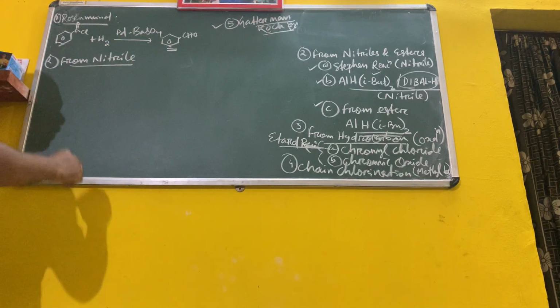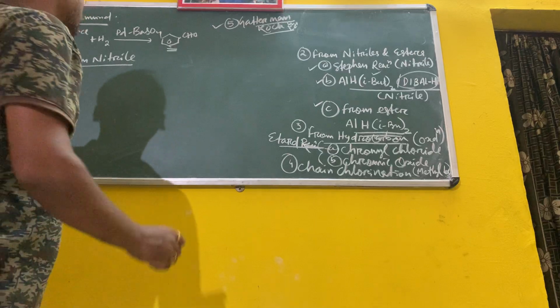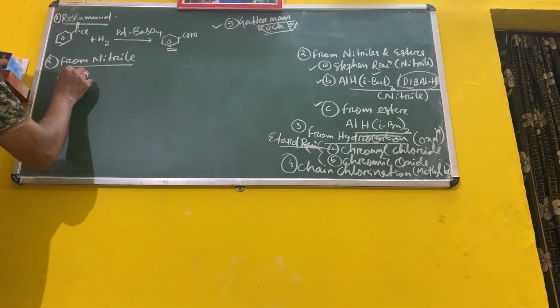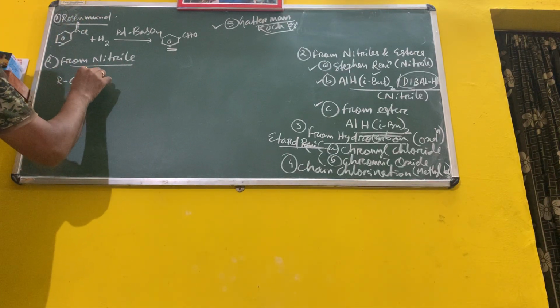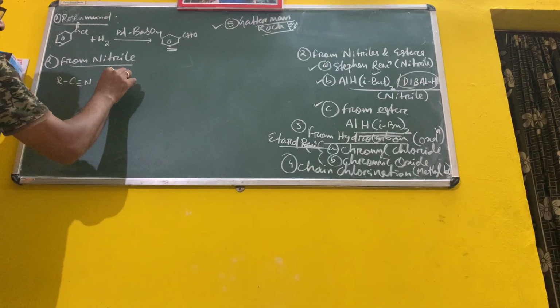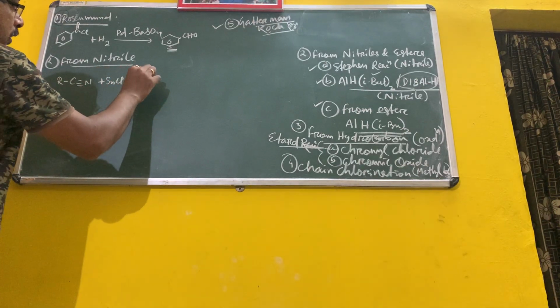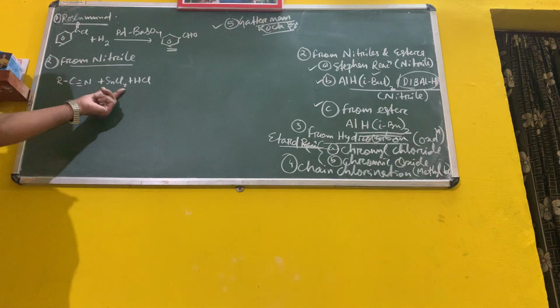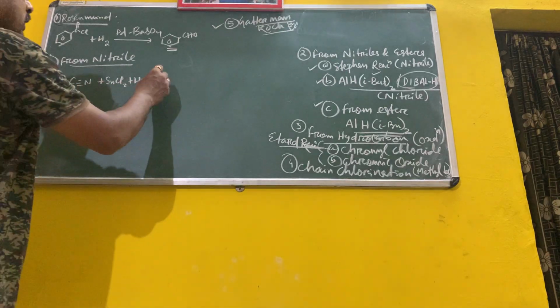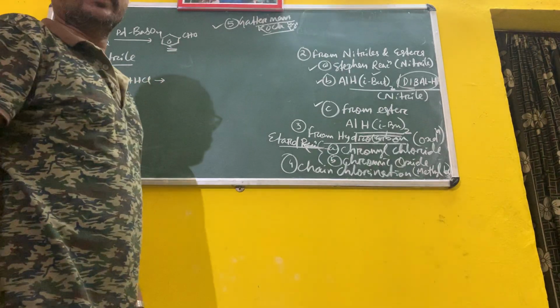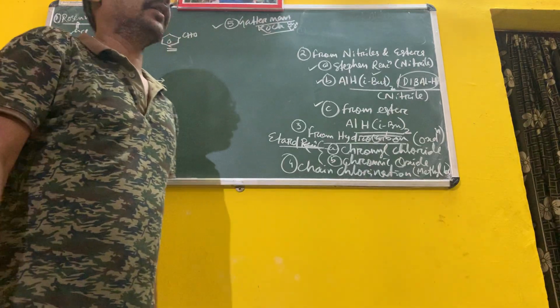Suppose any nitrile, RC triple bond N plus SnCl2 plus HCl, it will form an intermediate. That intermediate is known as imine.